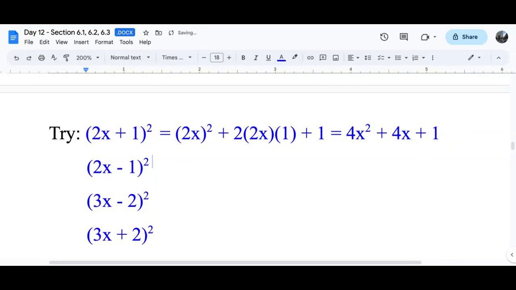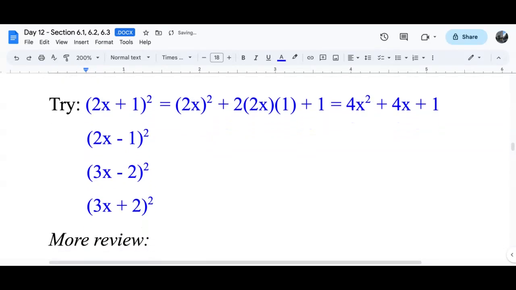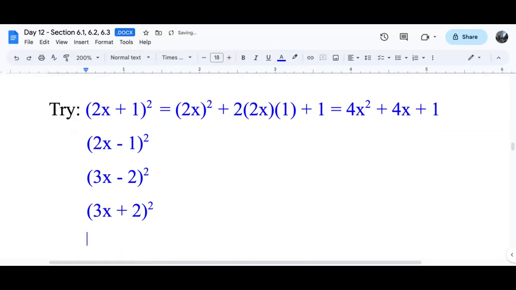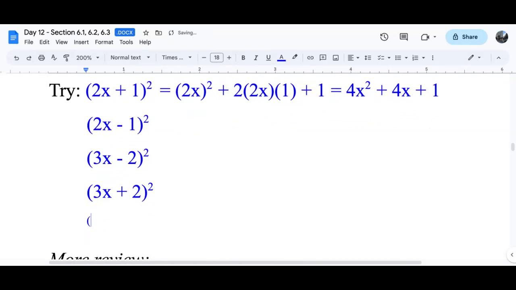Now, I'd like you to take a couple of minutes to try this. Okay, leave those 3 for you. So 2x minus 1 squared, 3x minus 2 squared, 3x plus 2 squared. Okay, maybe even do one more. 3x minus 2y squared.